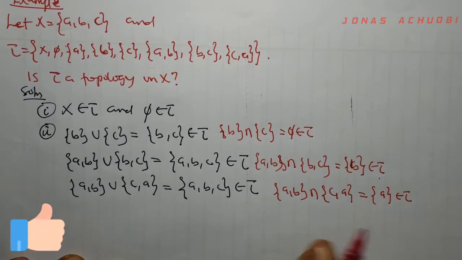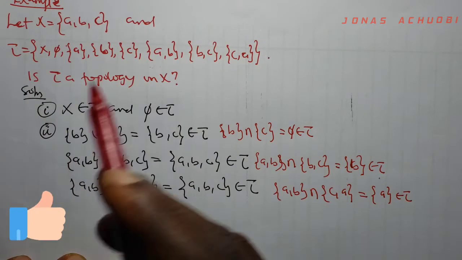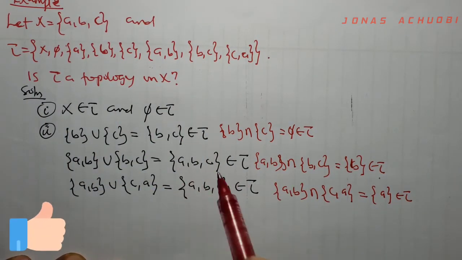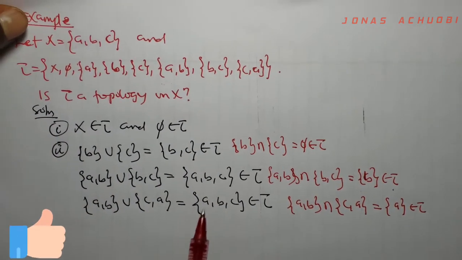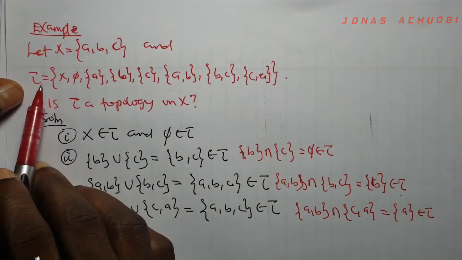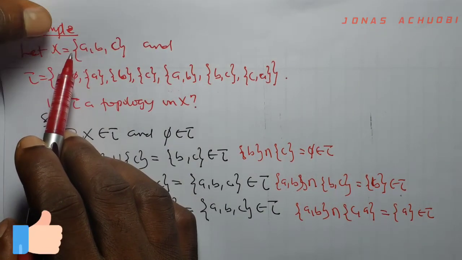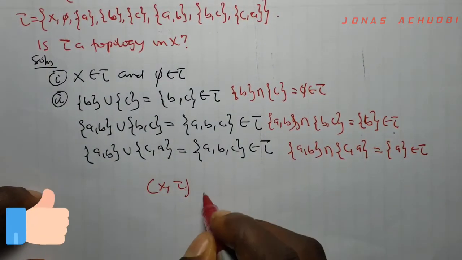As a matter of fact, if you pick any other two open sets in tau and check the intersection, you observe that the intersection is also an open set in tau. Therefore, we can say that the collection tau is a topology on X. And if that is true, it therefore means that the pair (X, tau) is what?